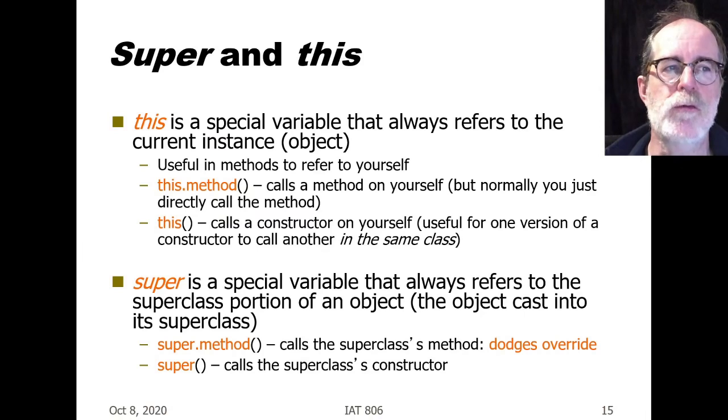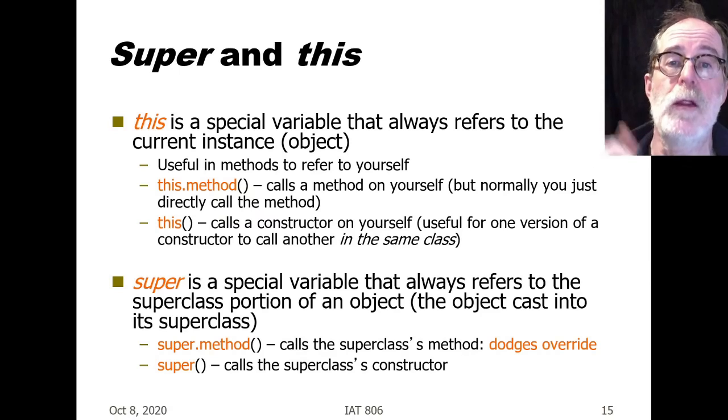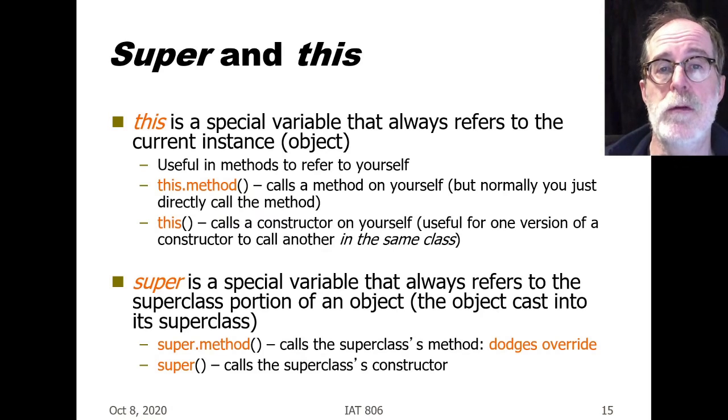Super, we've seen before, is a special variable that always refers to the superclass portion of an object, and the object is cast into that superclass and some work is done on it. Let's say you have a child class that has some methods and the parent class has some methods, and you want to use the parent class's method, you say super.method, and that gets the parent class's method.